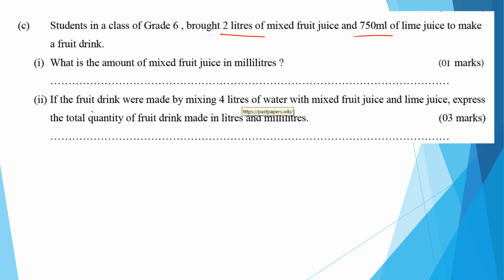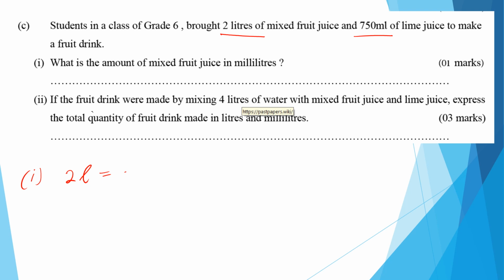What is the amount of mixed fruit juice in milliliters? In this case, that is 2 liters, and you have to find it in milliliters. So 1 liter has 1000 milliliters.